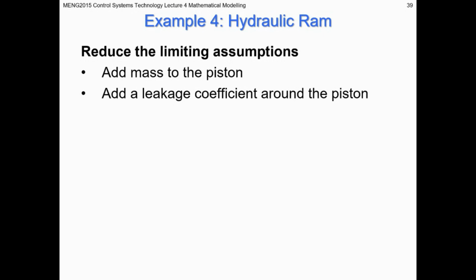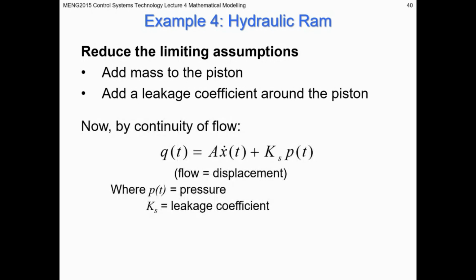We're going to add some mass to the piston. We're going to add a leakage coefficient around the piston. So what we're going to have now is that not all the fluid that gets pumped into the cylinder is going to contribute towards that change in volume of the cylinder or the displacement of the ram accordingly.